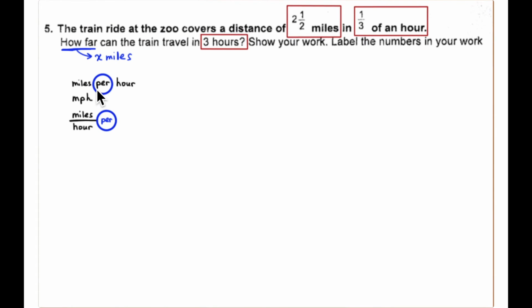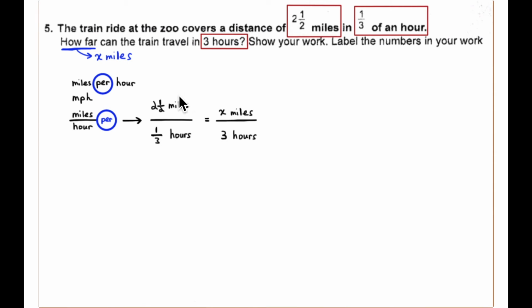Now you know that mph is miles per hour. So use that to help you set up the proportion if you're not sure. So miles per hour is 2.5 miles per 1/3 of an hour, and that's going to equal x number of miles. So how far are you going to travel in 3 hours? So this is the proportion that you can set up.